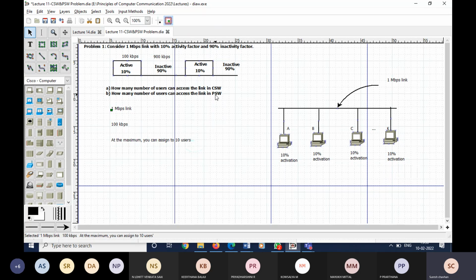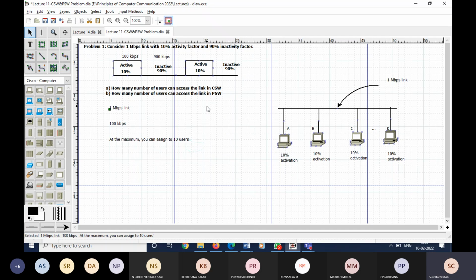There, whenever you have data to transmit to the receiver, then you can access the link, and if you don't have any, you don't lock the complete bandwidth.